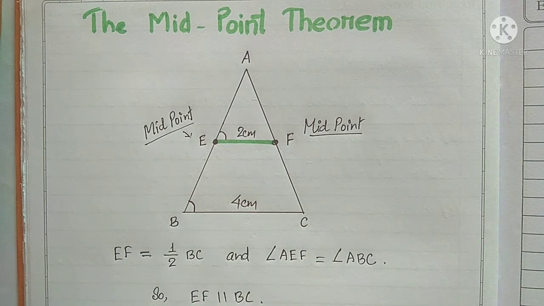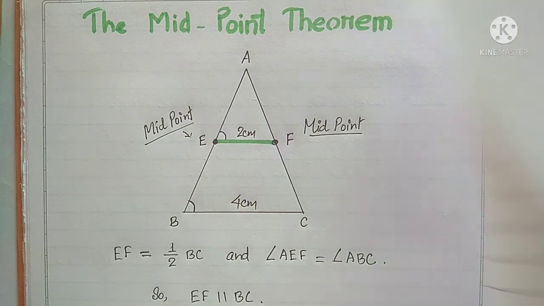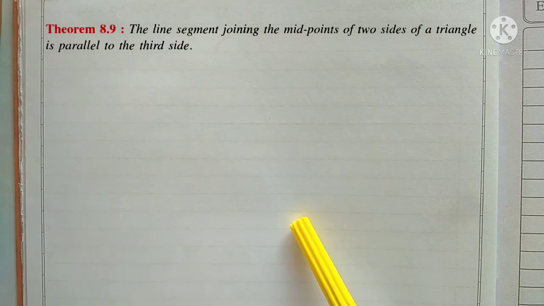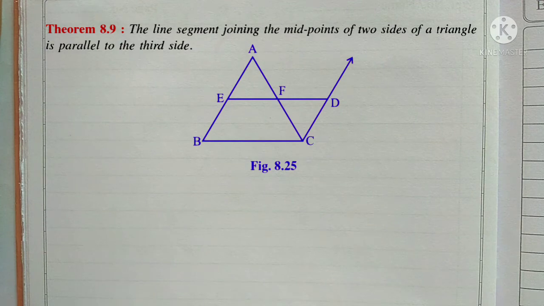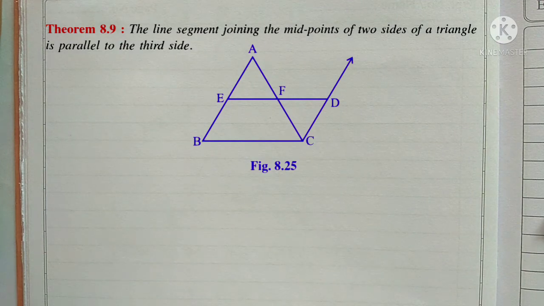Now if you see the theorem, the theorem is written here: the line segment joining the midpoints of two sides of a triangle is parallel to the third side.